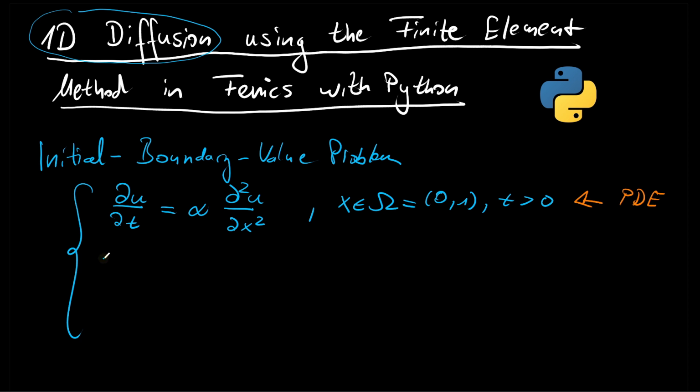Then we need an initial condition, so we need to know what the state was in the beginning of our simulation. So we will say u at t being 0 and x is going to be given according to an initial condition, and here, in accordance to the previous video, we will choose the sine of pi times x. We will look at it in a second, and this is basically just a small arc on our domain, where we have a peak of temperature in the center and 0 at both ends.